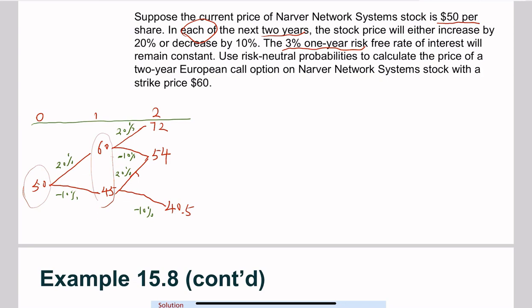The risk-neutral probability here, let's assume it is P. Then it's basically 60P plus 45(1 minus P), divided by 1 plus 3%, equals 50.